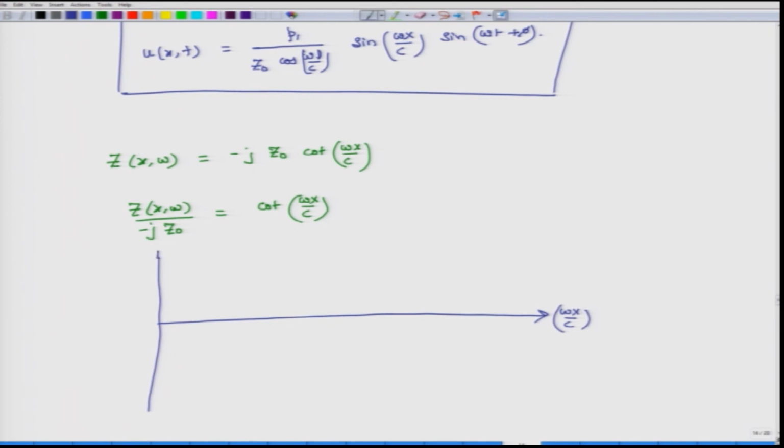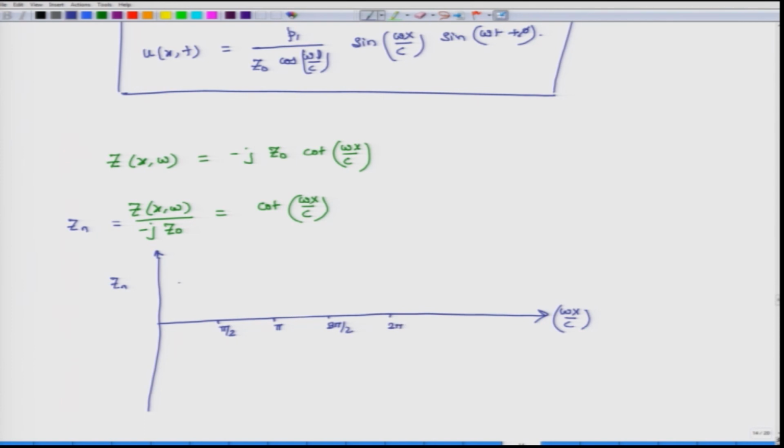On the y axis let us call this function Zn, normalized Z, which is basically cotangent of omega x over C. Let us say the marks on the x axis are pi over 2, pi, 3 pi over 2, 2 pi and so on.